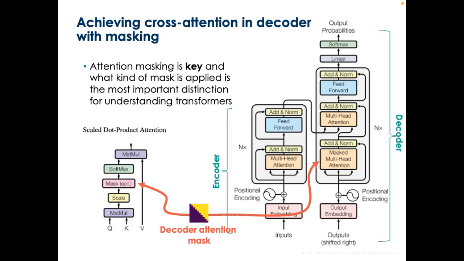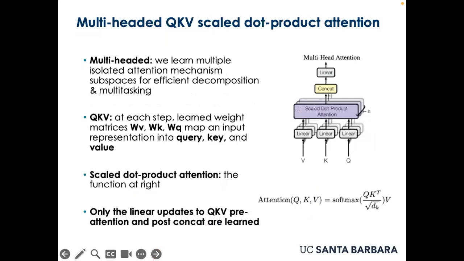The three arrows shown here are a little bit confusing, but this is the query, key, and value, right? So that's to get into the nitty-gritty. We discussed this a little bit last week, but it's definitely helpful to go over it again. This is the actual attention function that is finding how important each word is to each other word. The dot product itself is not a learned parameter.